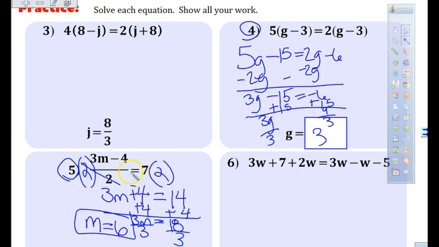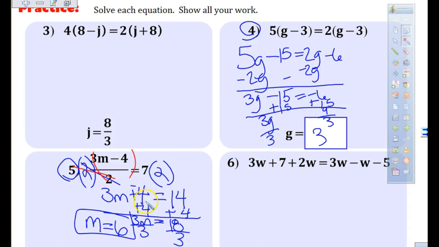Up here is that we want to multiply by 2 on both sides. That means you do not take 2 times 3m and minus 4. This does not become 3m minus 8 because these 2's cancel. And so what some of you did on the quiz yesterday is you multiplied this side by 2 and then you tried to use distributive property on this side and said, oh yeah, I gotta take the 2 times, no you don't, they cancel.